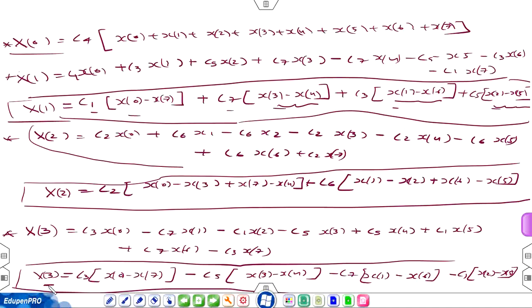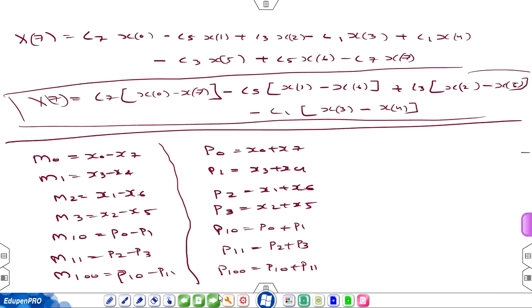Similarly, x3 is c3 m0 minus c5, this is m1 minus c7, this is m2, and this is m3. So likewise, all the equations can be defined in terms of m0, m1, p0, p1 likewise.